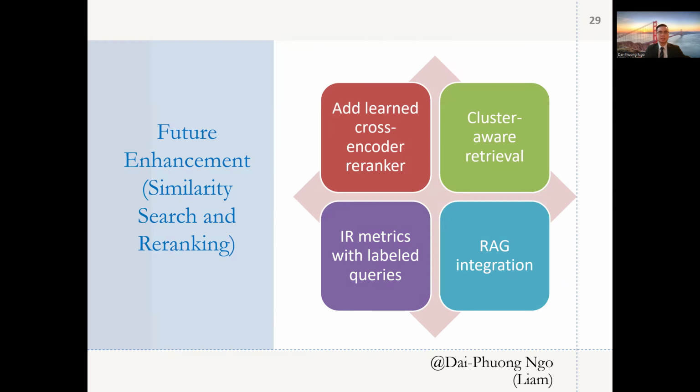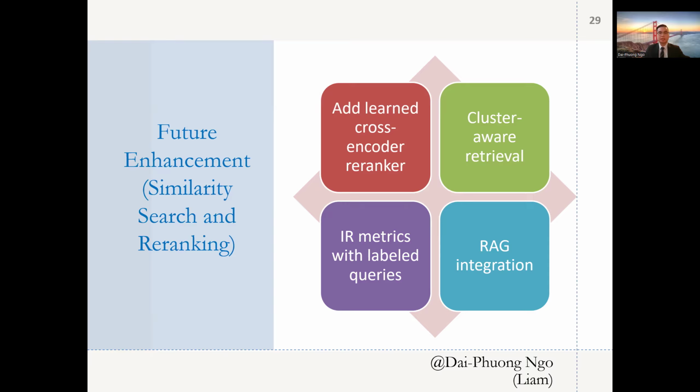For similarity search, the most obvious next step is to introduce a learned ranker, such as a cross-encoder model. This would allow deeper semantic matching on a smaller candidate set. Another promising direction is cluster-aware retrieval. By restricting search to a small number of relevant clusters, both latency and relevance could be improved.